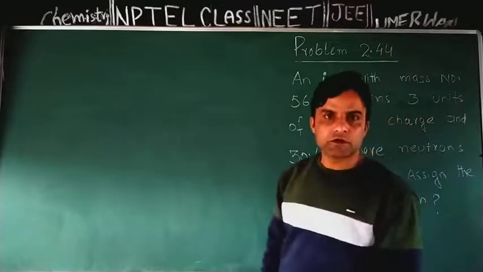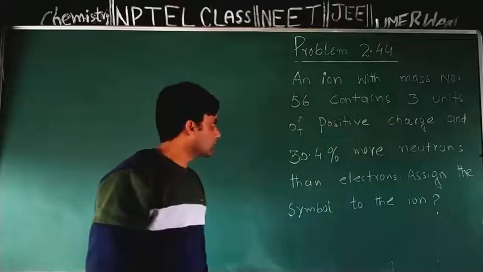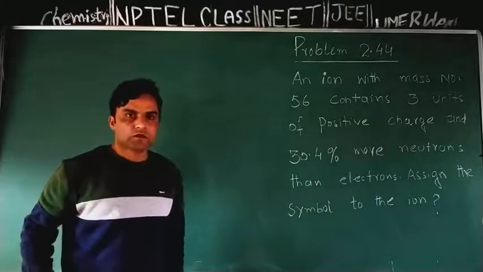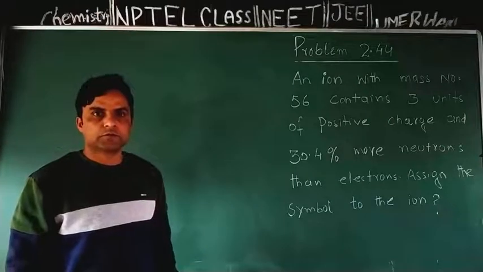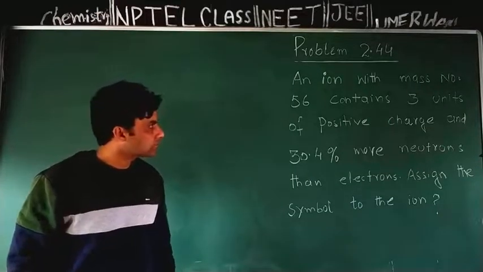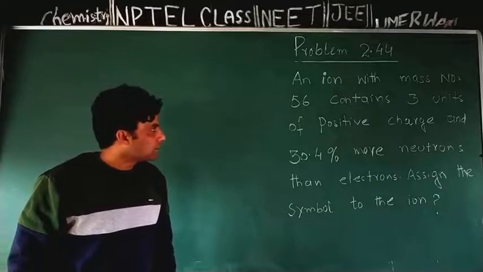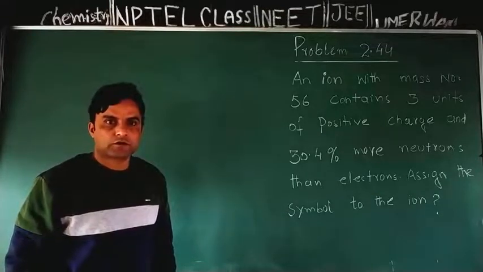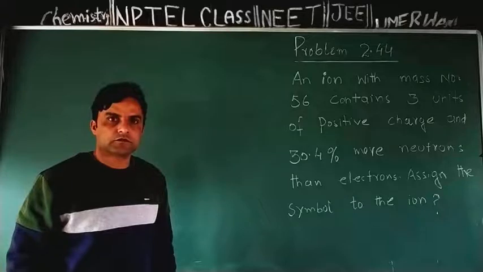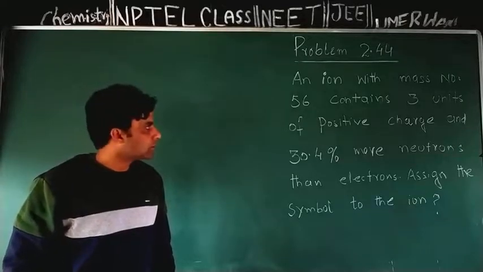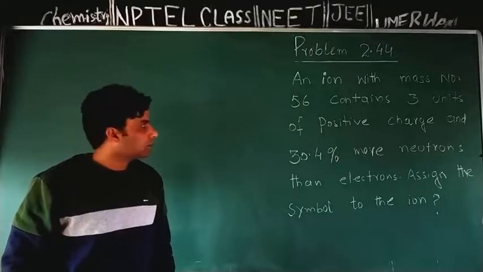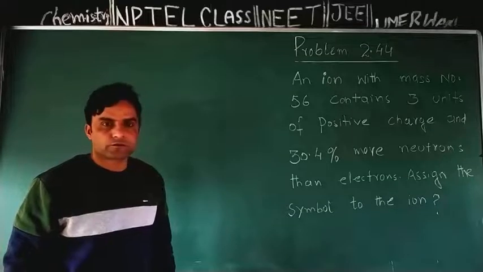This problem is based on Rutherford's nuclear model of atom. For an ion, mass number, that is number of neutrons plus protons, is given 56.